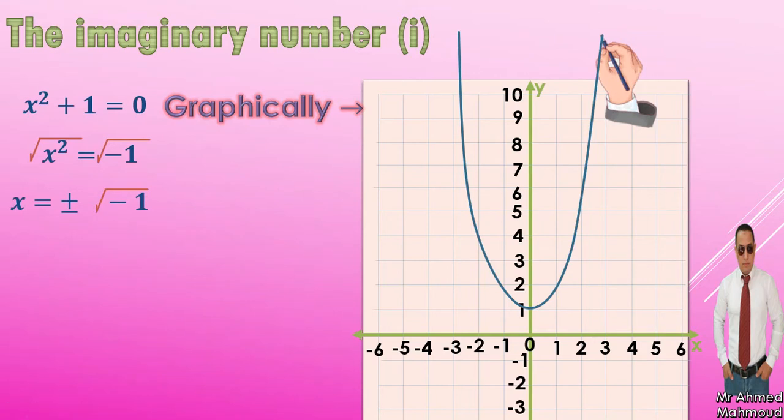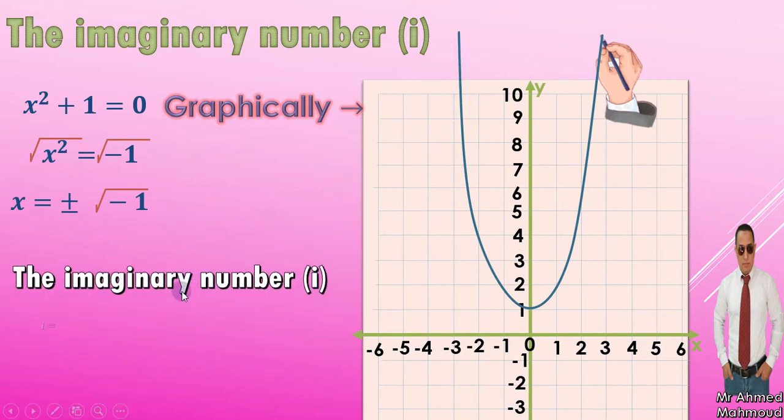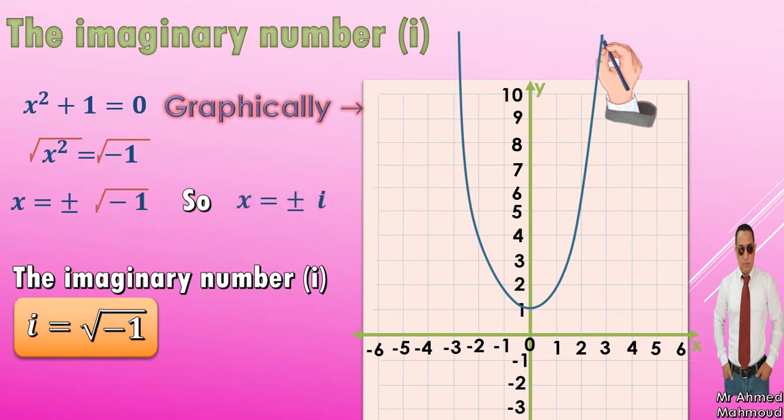Okay, what is the imaginary number? The imaginary number I is root negative 1. Again, I is root negative 1. Let root negative 1 be a number, and this number is called I. So we have a solution for this equation like this: x equals negative or positive I. Now back to this equation.